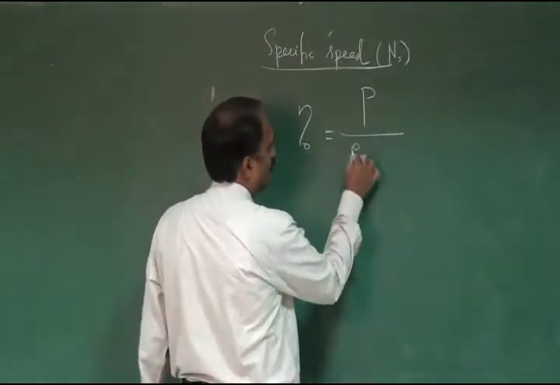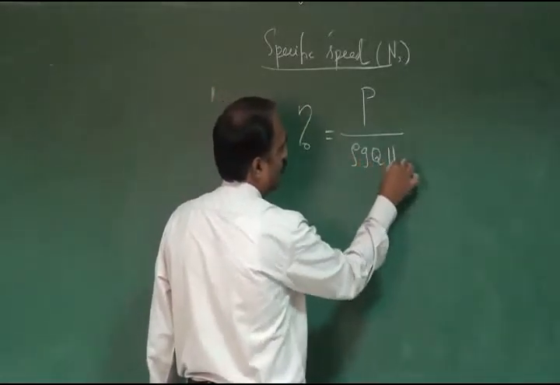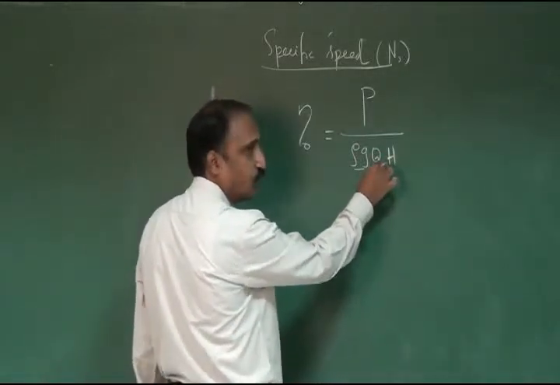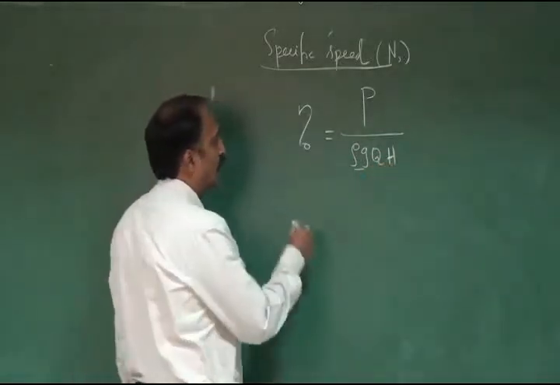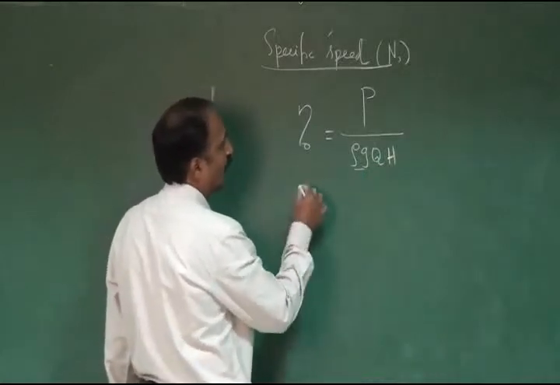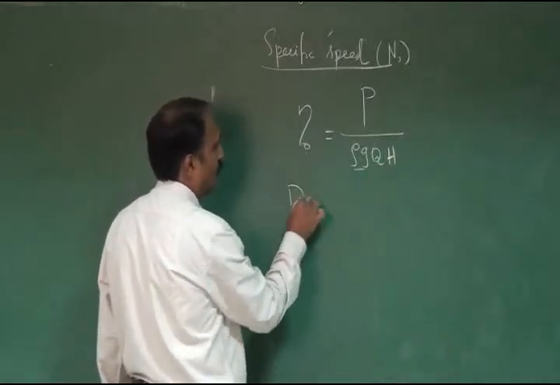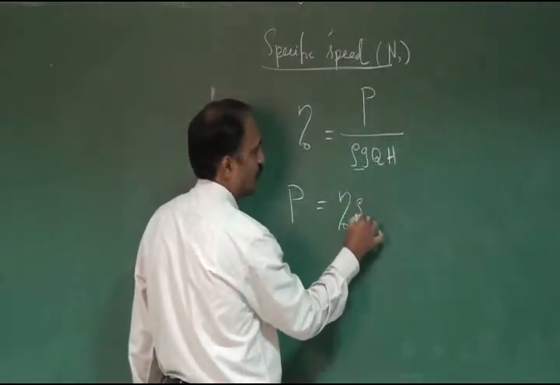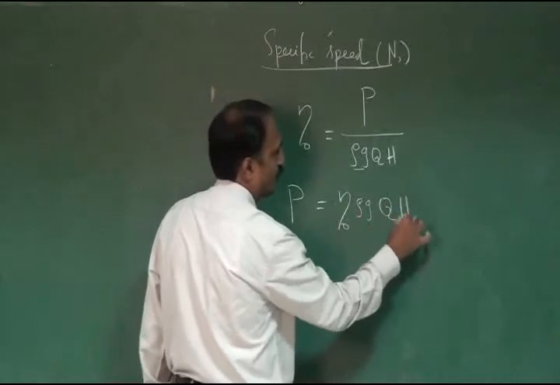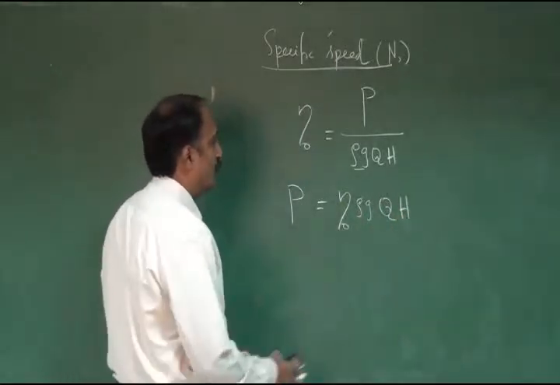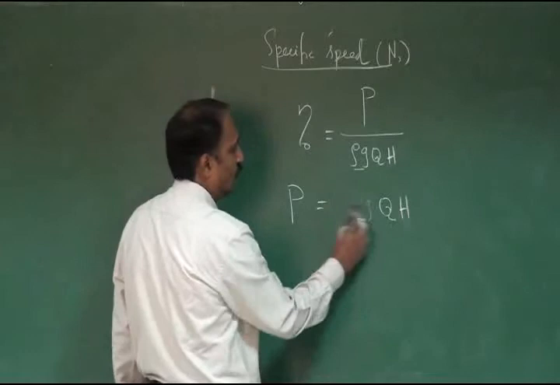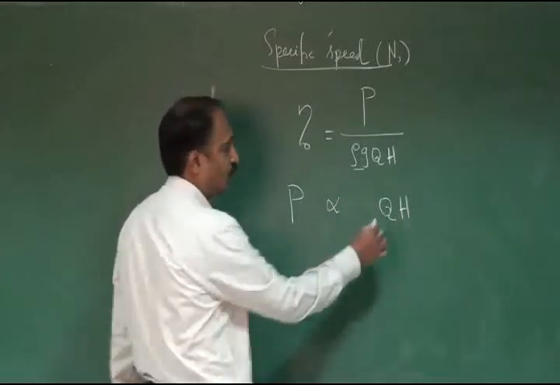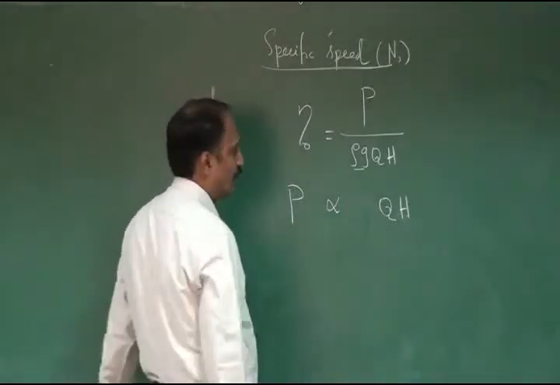Water power is nothing but rho g Q H, that is specific weight, rate of flow and pressure head. Rearranging this equation, power is given in terms of efficiency, specific weight, Q and H. The first three are constant values, hence power is proportional to rate of flow and head.